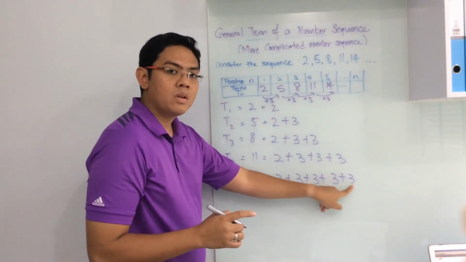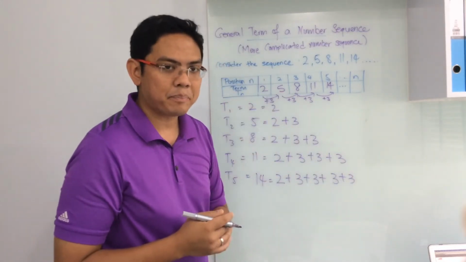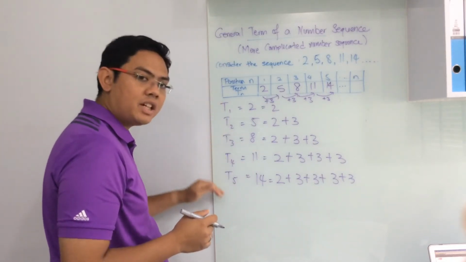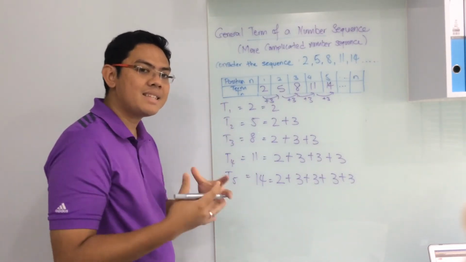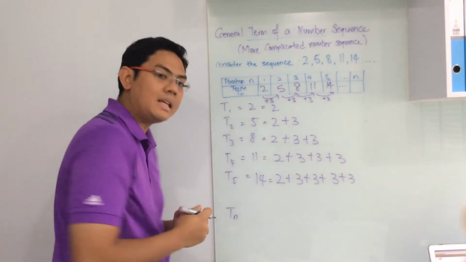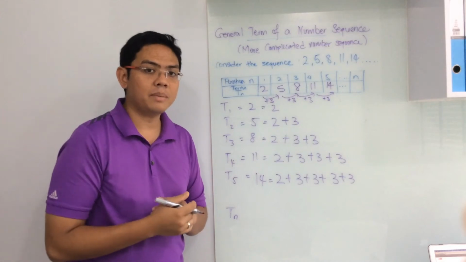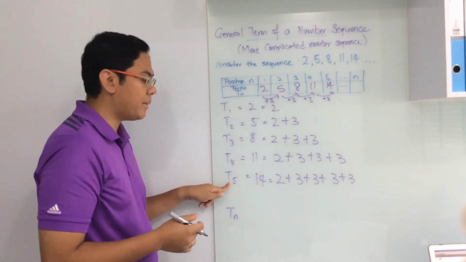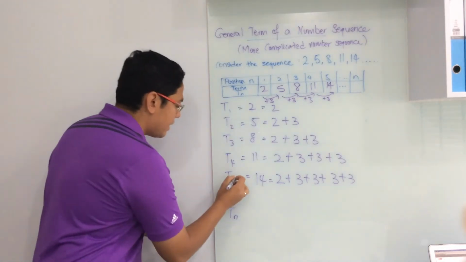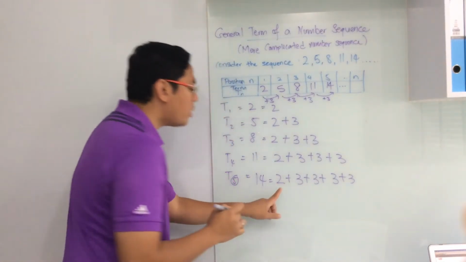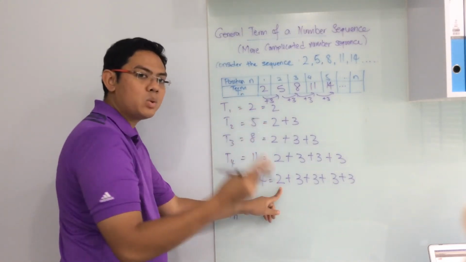There you go. So now, the third step. After writing down each and every term, our goal here is to find Tn, the general term. So now look at the fifth term. This is number 5. Now, we know that every term begins with a 2.